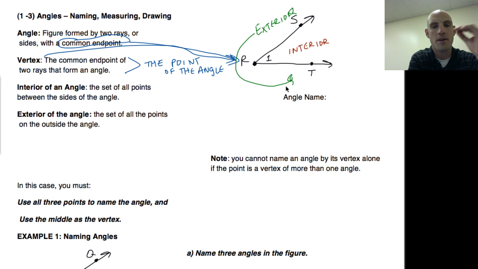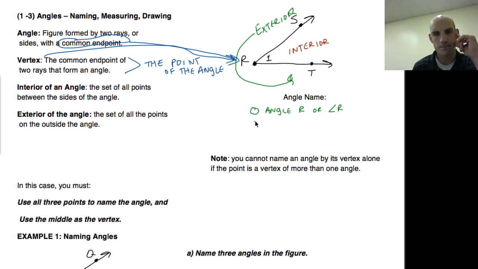When we name an angle, you can call it a couple of different things. The name of this angle could be angle R, or you could use the little angle symbol R. You could also call it, in quotes, this is what we would say, angle SRT, or you could call it angle TRS.